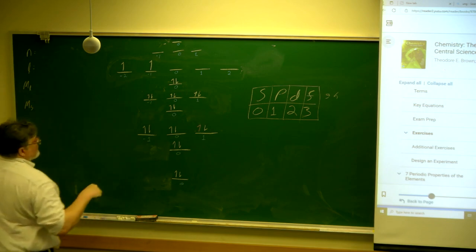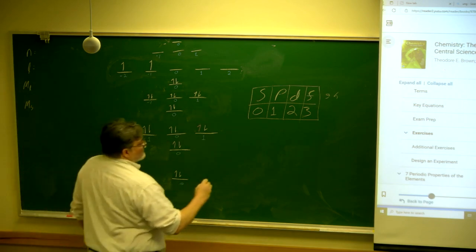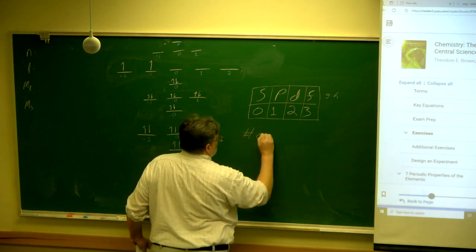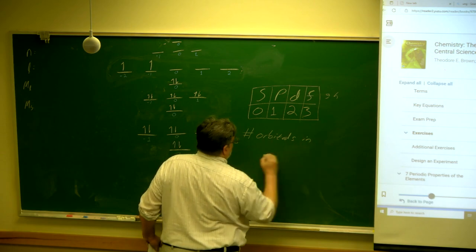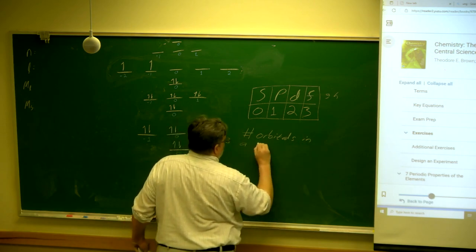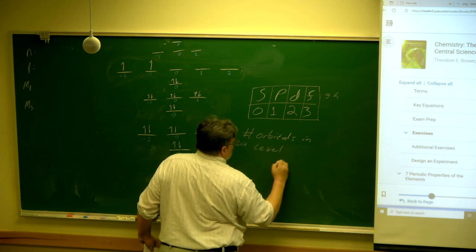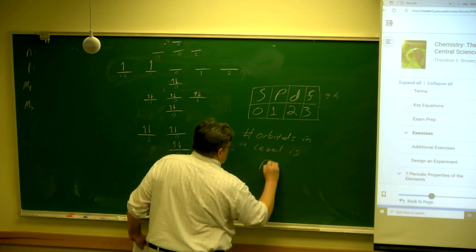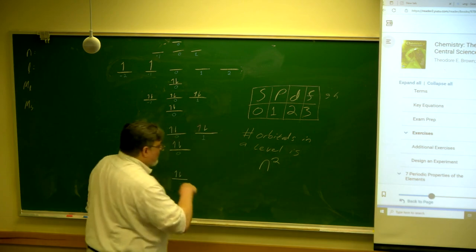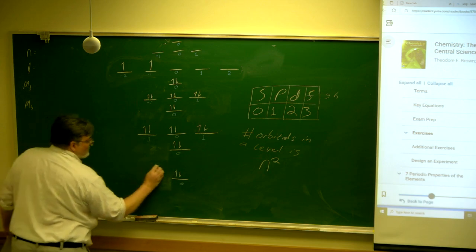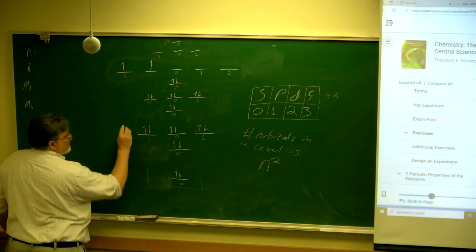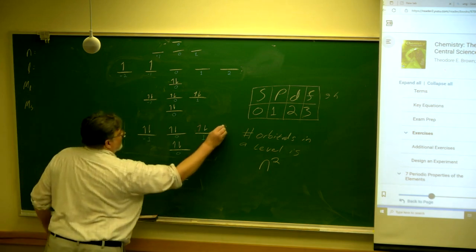For one thing, the number of orbitals in a level is N squared. This was the 1. This is 2. The 1, 3 is the 2 level.